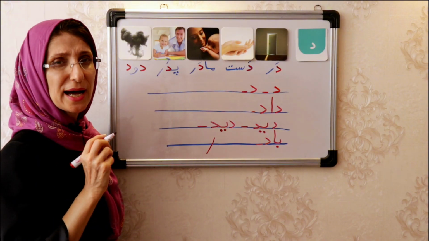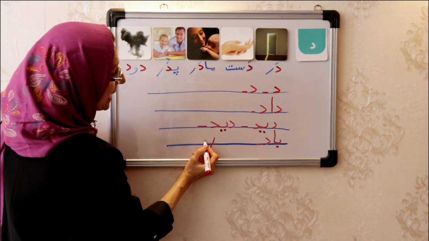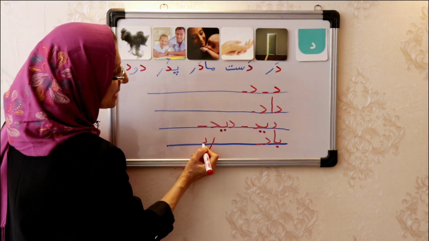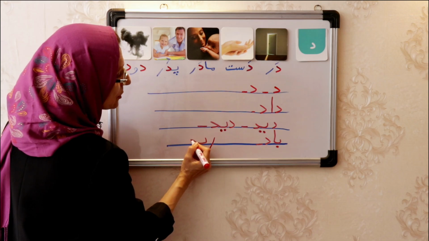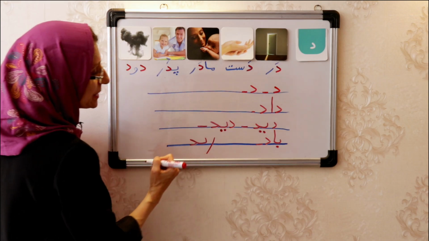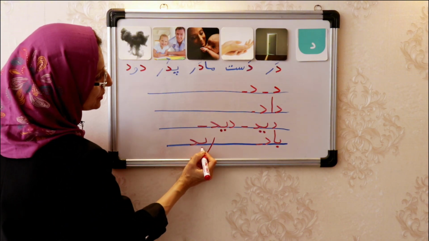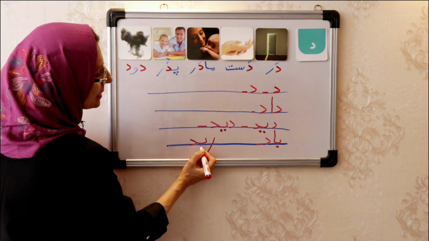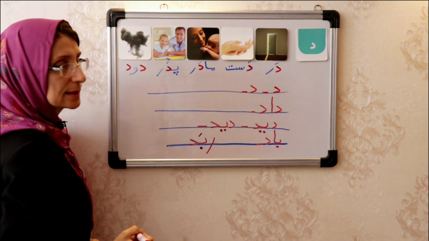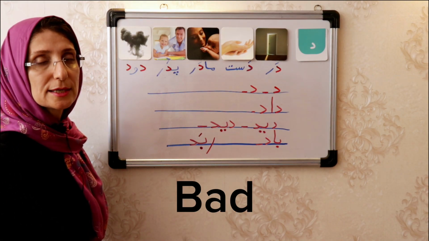Bad is B sound, then go to right, go to left, return back and complete the D. Then put the dot for B, B-A. Bad.